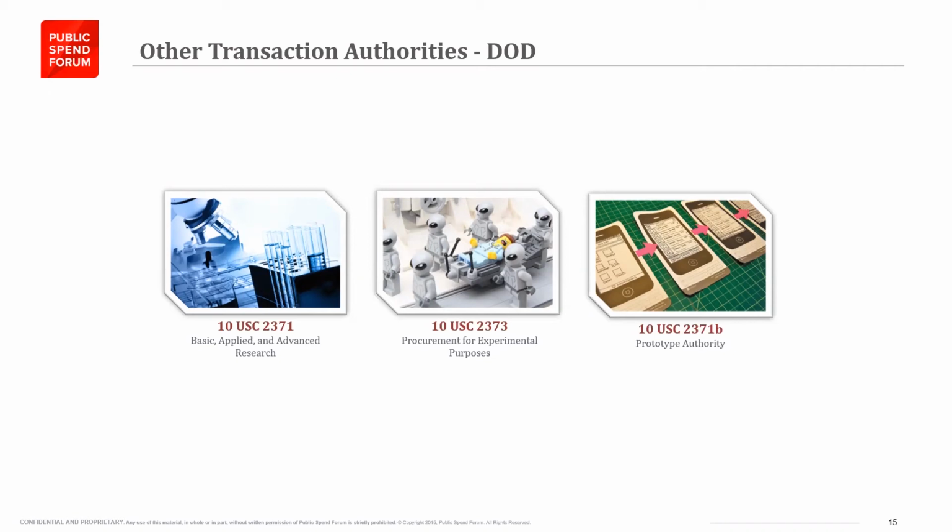But when I speak about DoD, and we're going to use DoD as the OTA example here, we're going to talk about 3 different statutes which really give power to what could be another transaction agreement. And these are DoD specific.